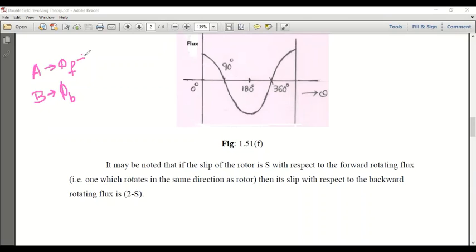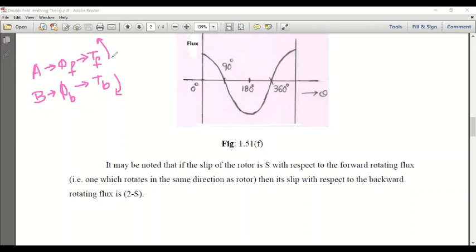If there is a flux, there is a torque. So let the torque be Tf here. Since it is forward, it is producing a torque called forward torque. Tb is the backward torque. The forward torque is rotating in anti-clockwise direction, and the backward torque is rotating in clockwise direction.